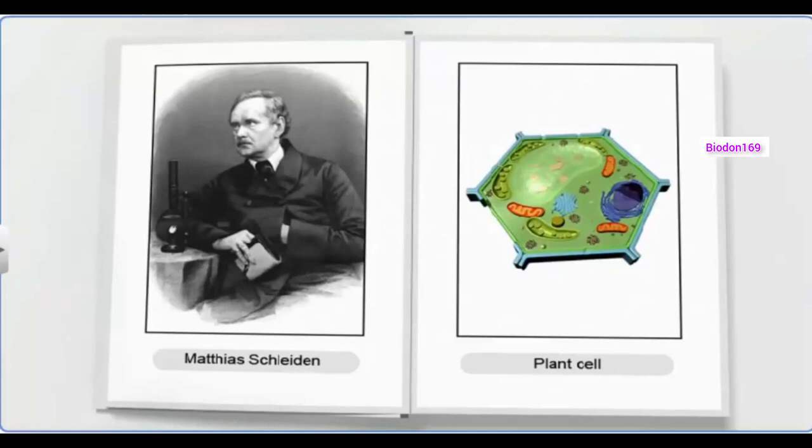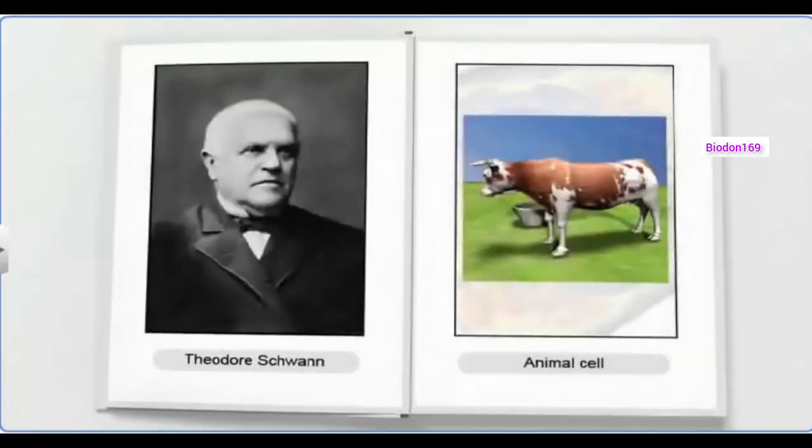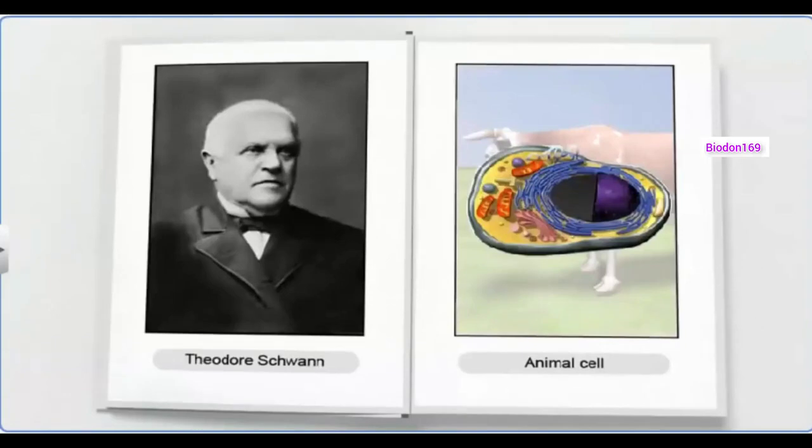A year later, Theodore Schwann, a British zoologist, examined different animal cells and discovered that the cells have a thin outer layer, which we now know as the cell or plasma membrane.